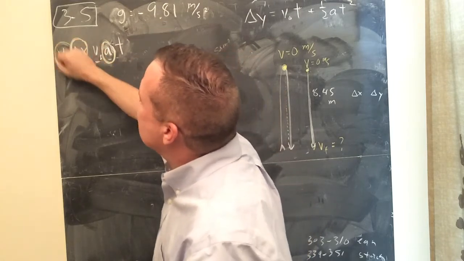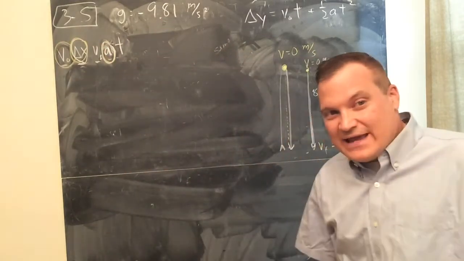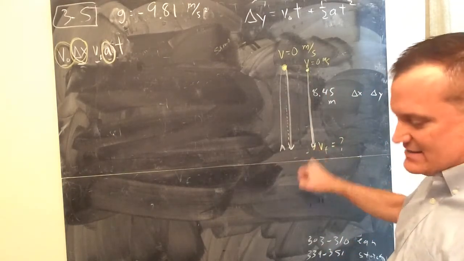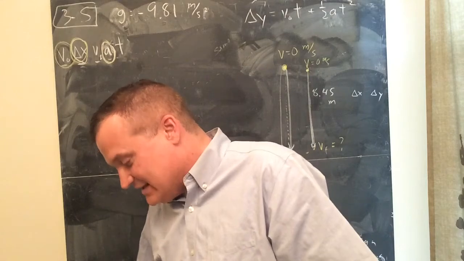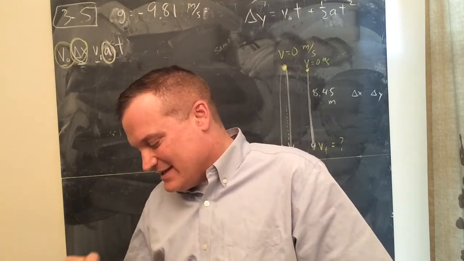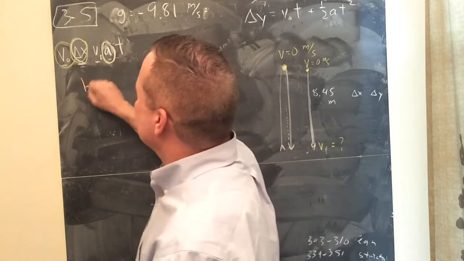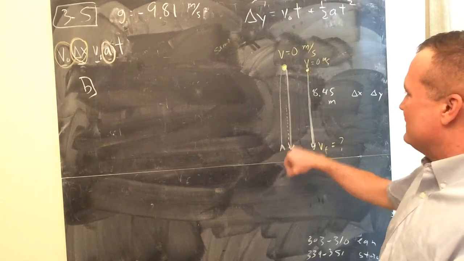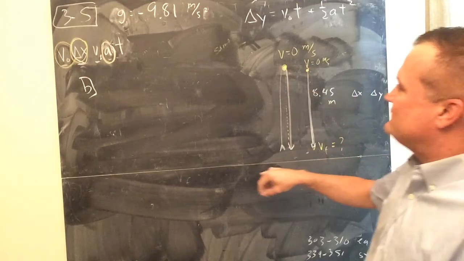And the initial velocity was 0. So we're only going to take half. Now we'll be able to figure out the final velocity that it has down here. Is that one of the questions? It is. That's actually question B. B has A and B, and part B we're going to find first. What was the final velocity of the television when it struck down here? So we can just do half the problem and figure that out.